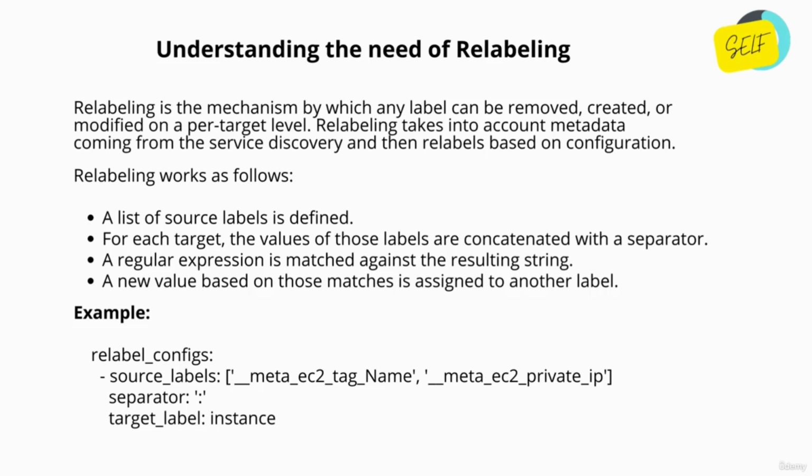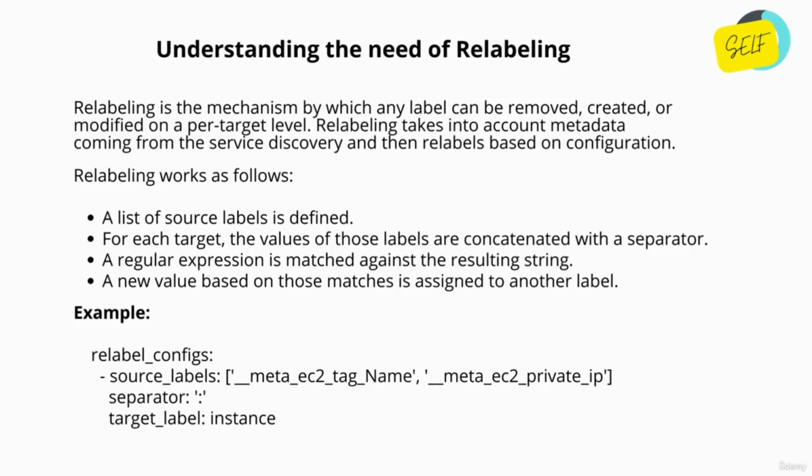In the example you are seeing, this is the configuration for relabel. We use relabel_configs, and in the source labels you can see there are two labels I have specified: __meta_ec2_tag_name and __meta_ec2_private_ip. These are two labels which come as part of the service discovery.